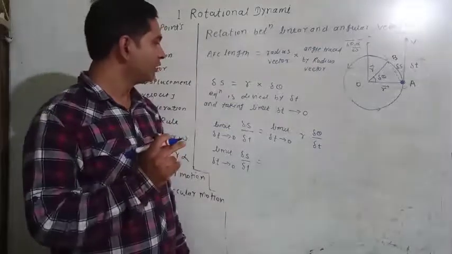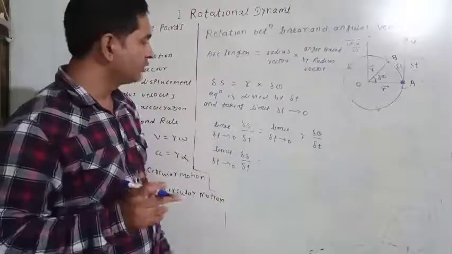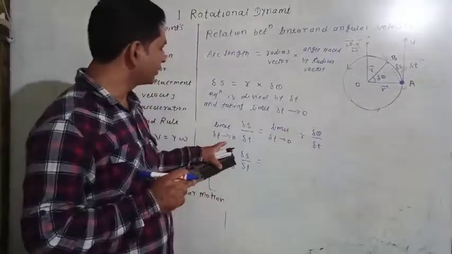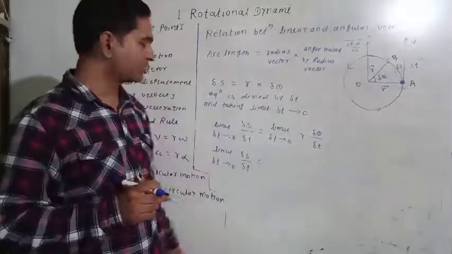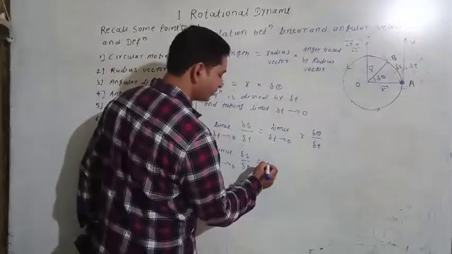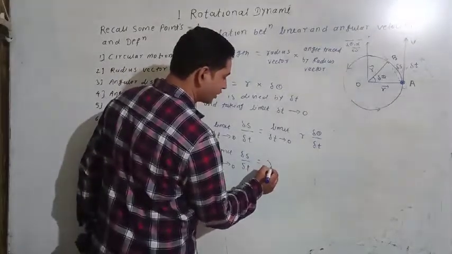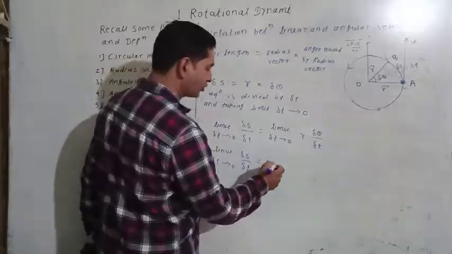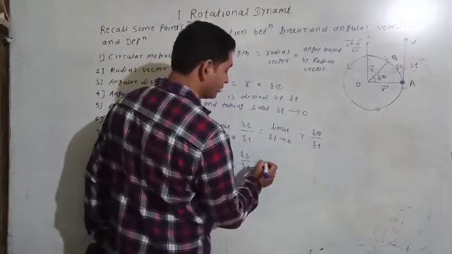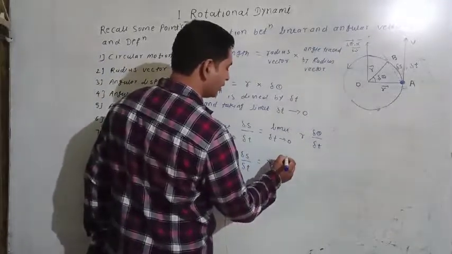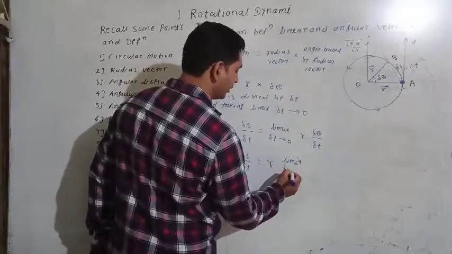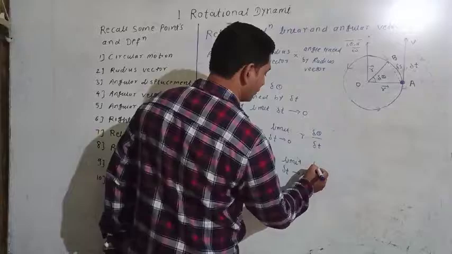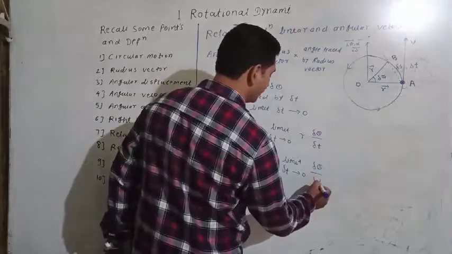So the radius vector magnitude is constant, and here we take the magnitude only, not the direction. So we take this constant outside the limit: it is R into limit del t tends to 0 of del theta upon del t.